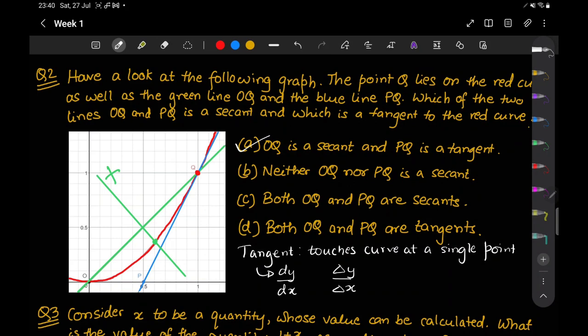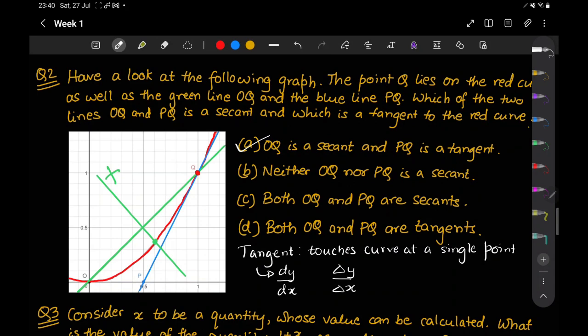For a delta x change in the x-axis, how much the curve is changing along the y-axis, the ratio of that, the instantaneous ratio, gives us the slope of the tangent curve. So that is the more precise definition of a tangent.